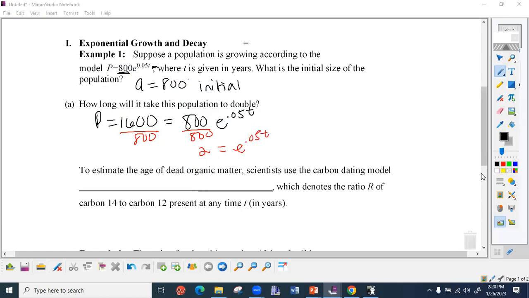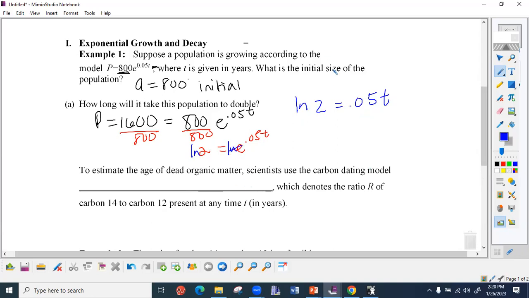In our last section, we talked about once your exponential is by itself, you can take the log of both sides. The log of both sides would be natural log because we have e. So we're left with the natural log of 2 equals 1/500 t, because of the inverse property: our natural log cancels out our e.